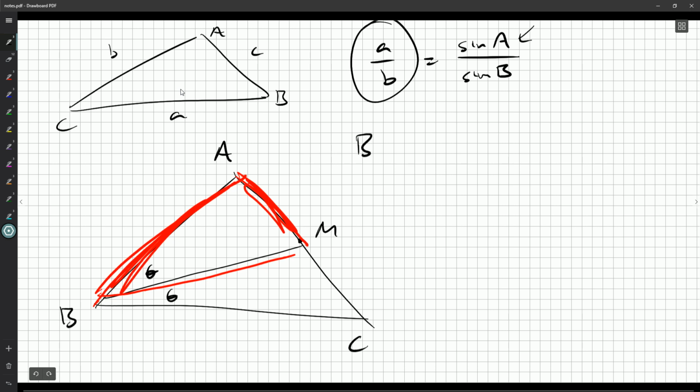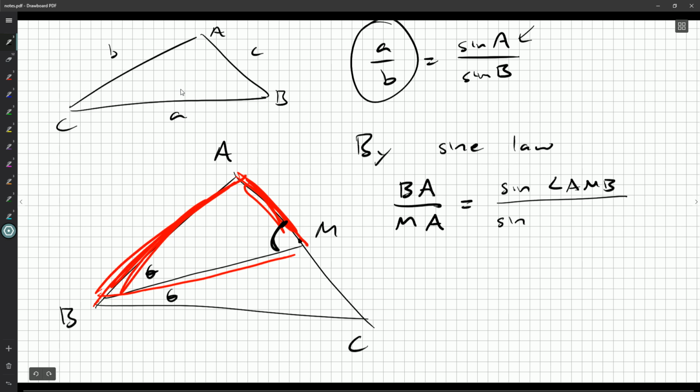So we could say by sine law, BA is to MA as the sine of AMB, the angle opposite BA, is to the sine of my theta, which we're calling ABM. Okay? So that uses this angle here. We've also got this angle here.